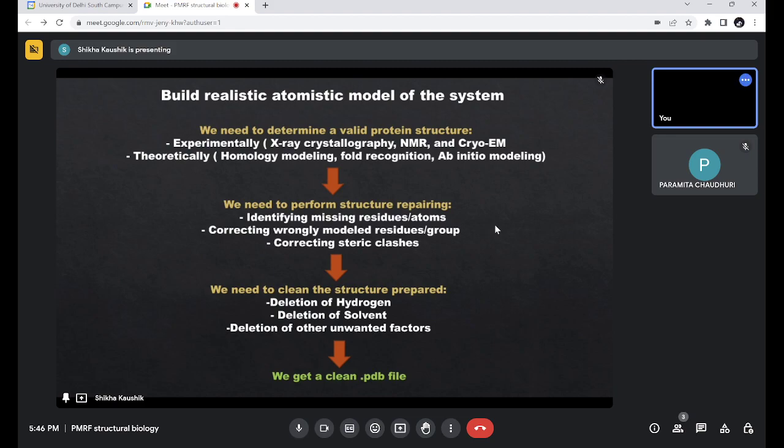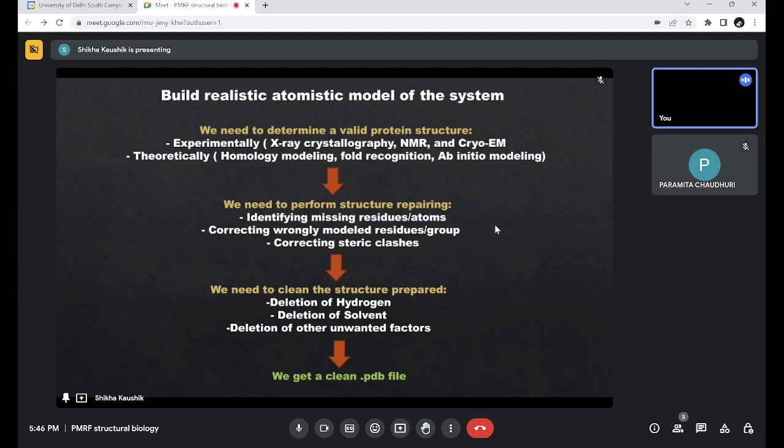Then we need to clean the structure. So we get the structure, and we have to delete the hydrogens. Many PDB files do not have hydrogens, because most protein structures are achieved through X-ray crystallography, and X-ray crystallography does not provide you the structure of hydrogen or water molecules in the system. But there are some PDB files where you have hydrogens, or you have solvent present like water.